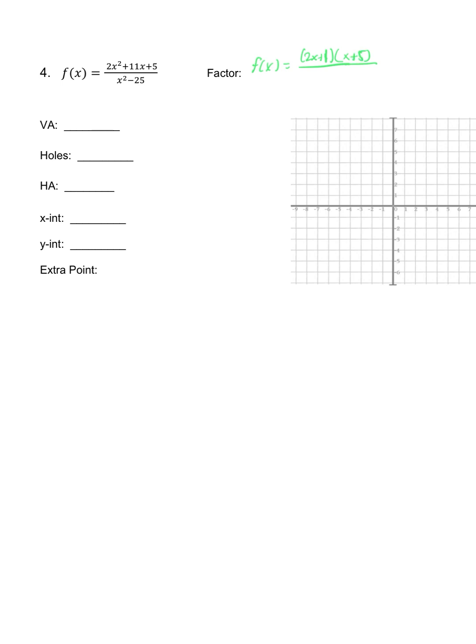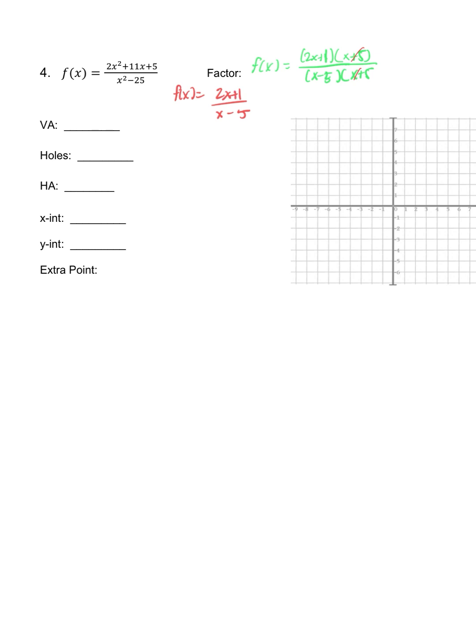Factor this as (x minus 5)(x plus 5). So that's factored, okay? We're going to cancel our x plus 5s out. Our simplified version is f of x equals (2x plus 1) over (x minus 5).